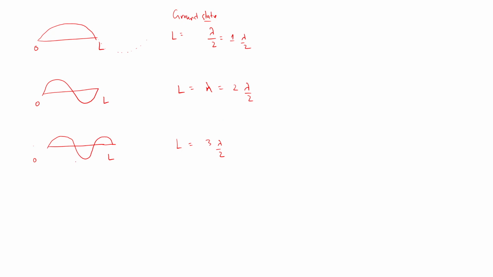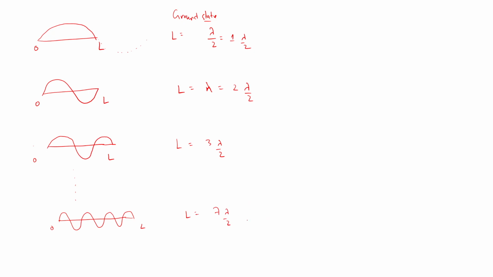As we excite the electrons, we get 1 lambda by 2, 2 lambda by 2, 3 lambda by 2. For higher states, somewhere here, we'll have a lot of states. From 0 to L, how many half wavelengths? 1, 2, 3, 4, 5, 6, 7. So here L is equal to 7 lambda by 2.